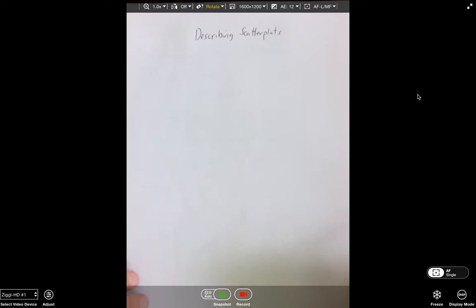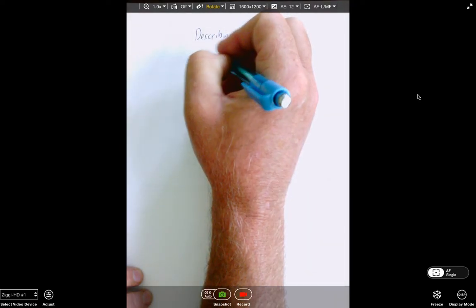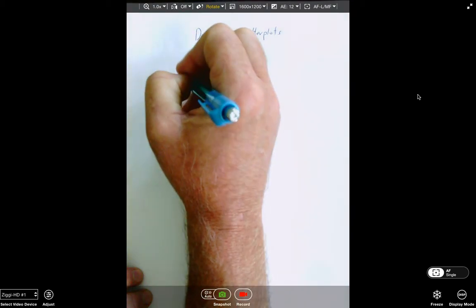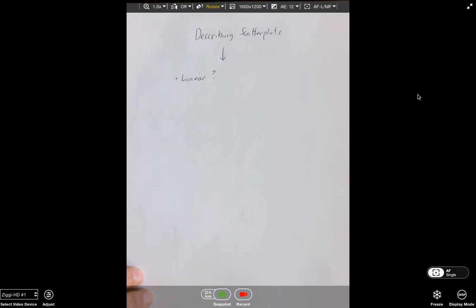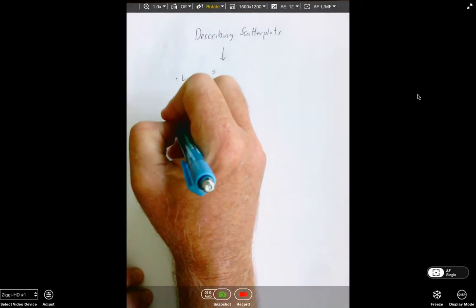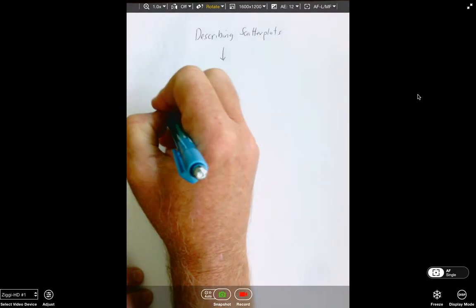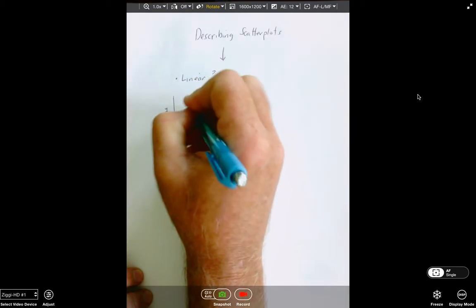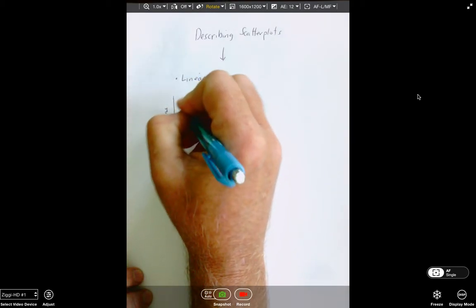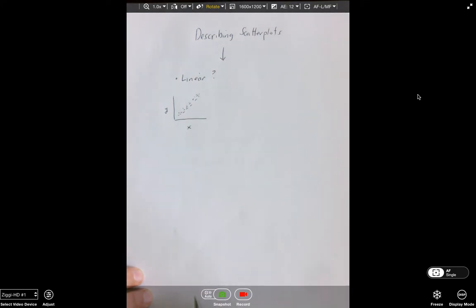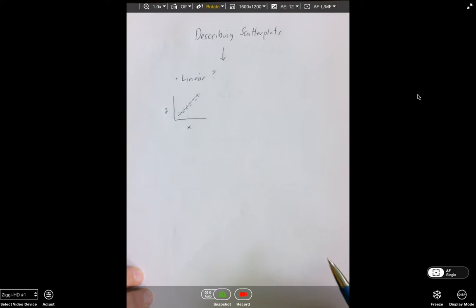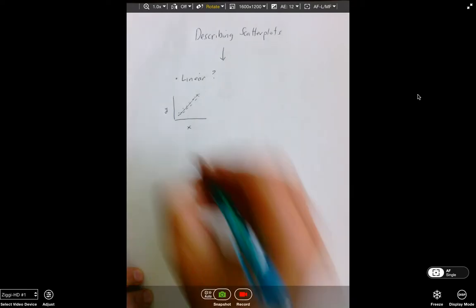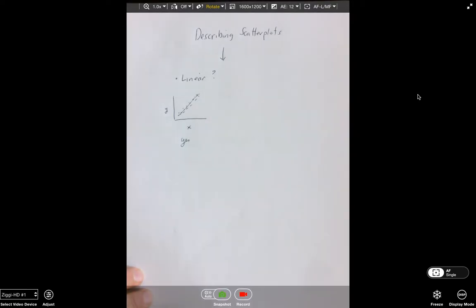Now, describing scatter plots, the first thing we want to examine is our relationship linear? Well, guys, if we look at a relationship between x and y, and all the points fall on a line that we could perceive going down through the central focus, then yes, we have a linear relationship.